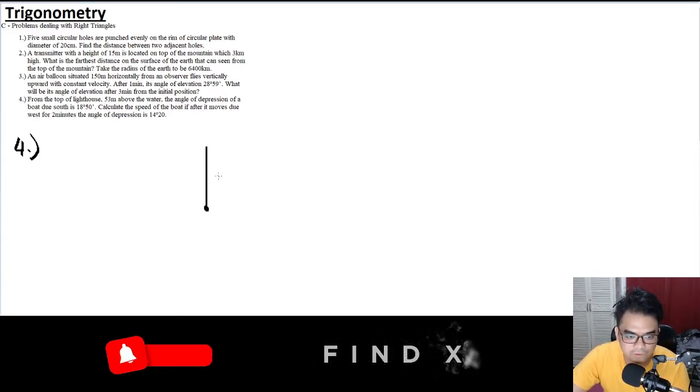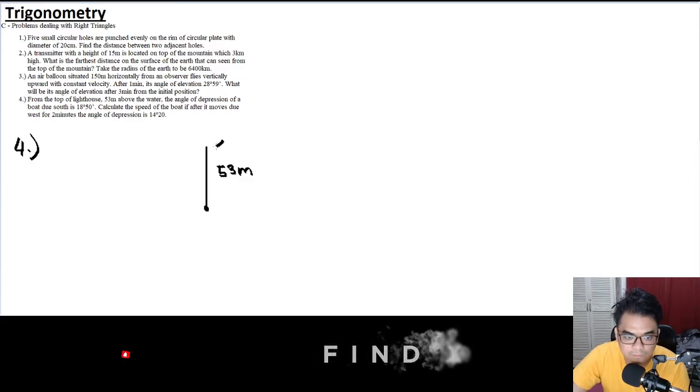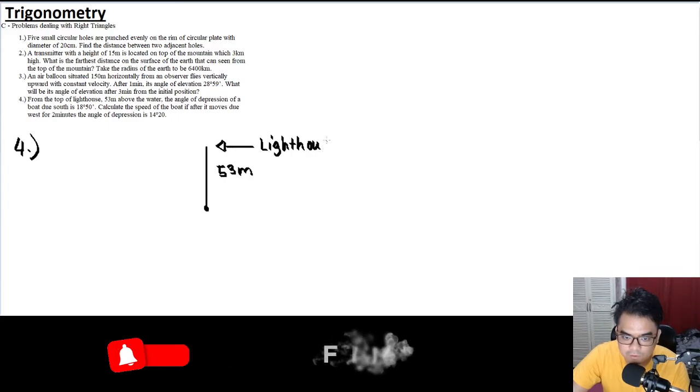So therefore this is 53 meters, and at the same time this will be your lighthouse. This is the lighthouse, right?